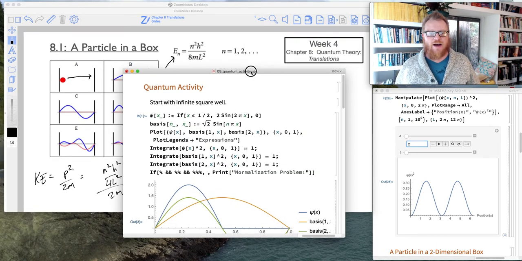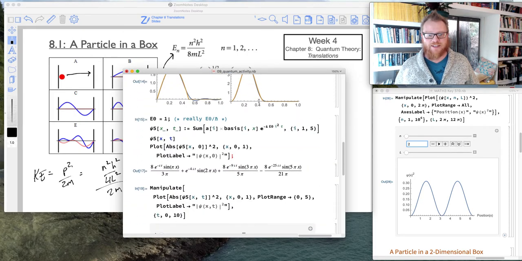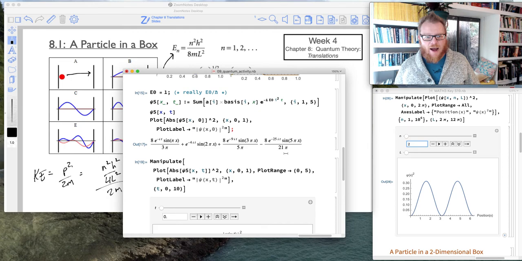I've got a Mathematica file here that Wes Bliven hooked me up with from physics. I'll just point out one of the small elements. Here we go, e to the negative i t. That's really the only thing that changes in these wave functions with respect to time.